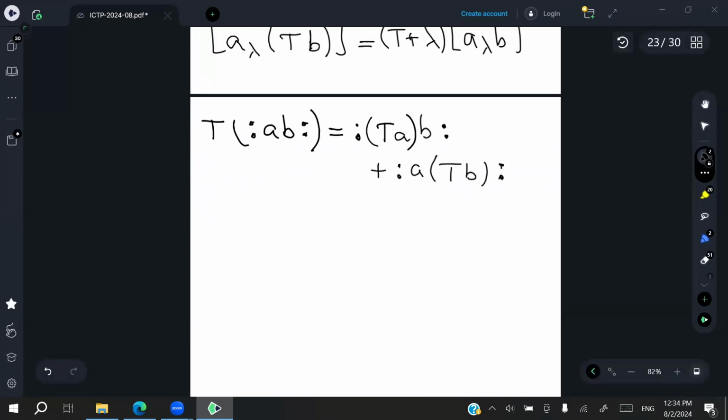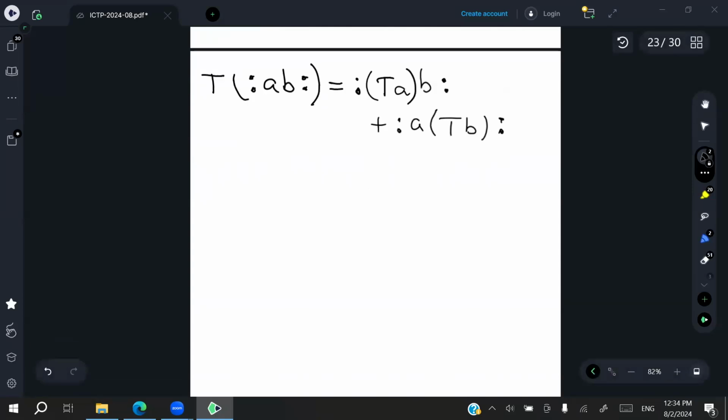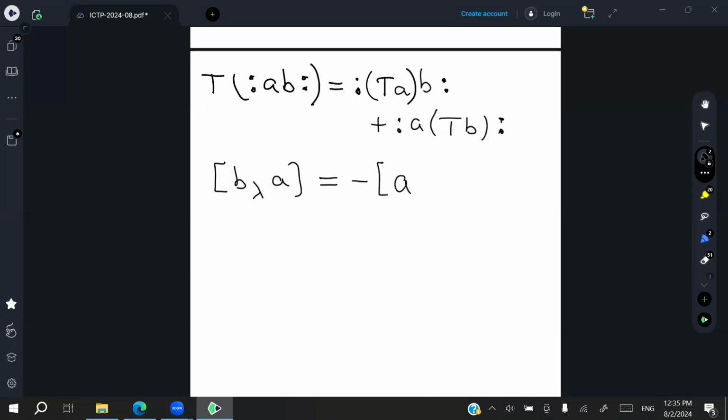So T is a derivation of the nth product. There are also some more complicated ones. One of them, this is often called skew symmetry, and you'll see why, is that the lambda bracket of B and A is given by minus the lambda bracket of A and B, with lambda replaced by minus lambda minus T. Okay.